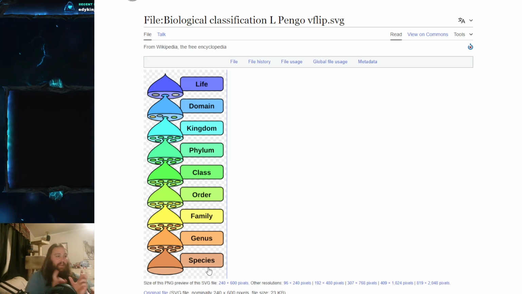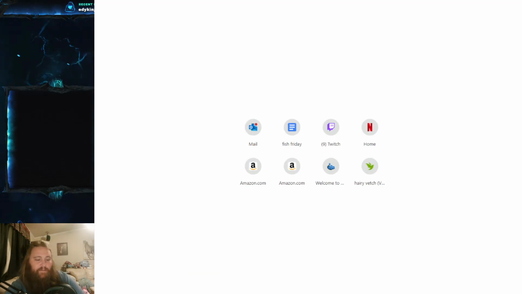And it does happen for plants as well. Ratibida columnifera is the Mexican hat, one of the coneflower species. Ratibida is the genus. Columnifera is the specific epithet.